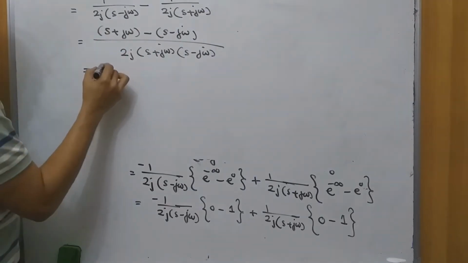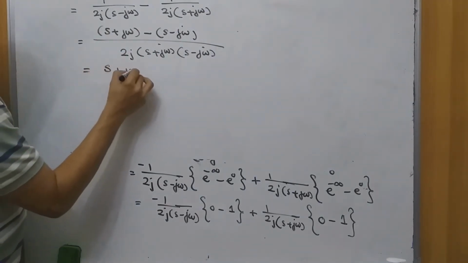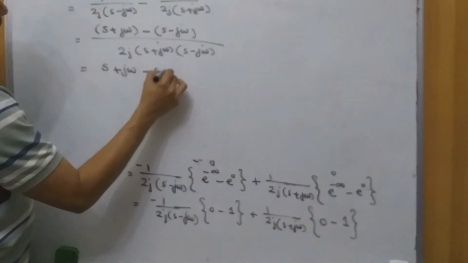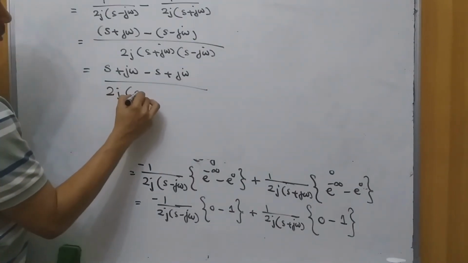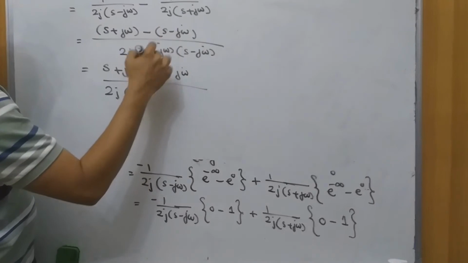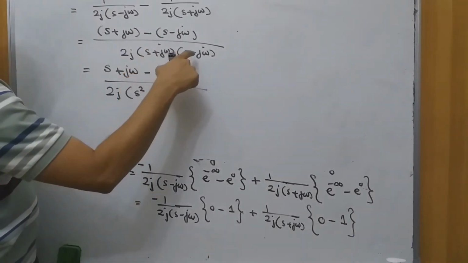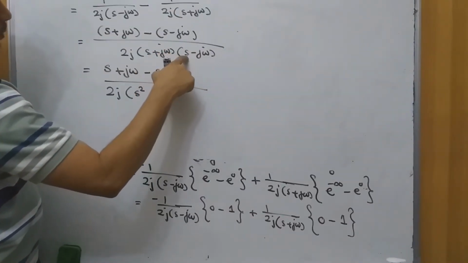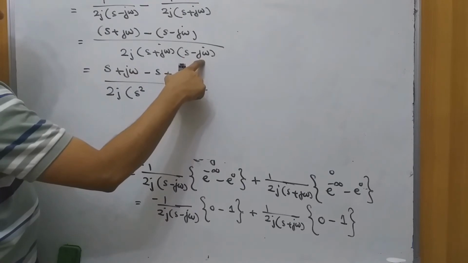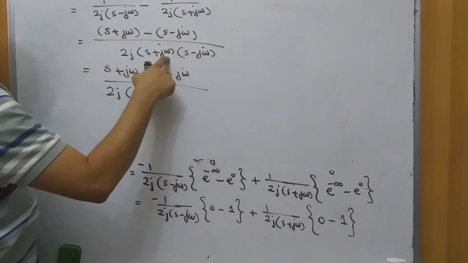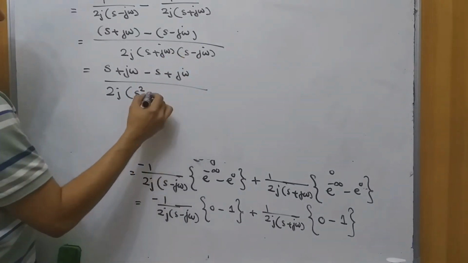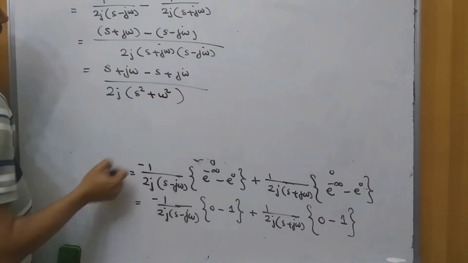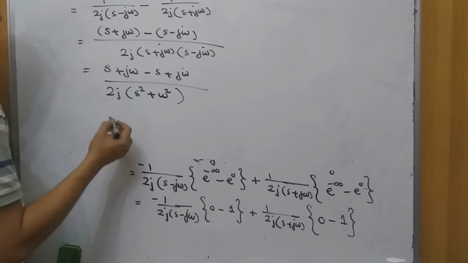So if you expand the bracket, we have s plus j omega minus s plus j omega divided by 2j into s square. If you expand it, s square plus s j omega minus s j omega will be cancelled. j times j is going to be minus 1, omega square. So that makes it s square plus omega square.